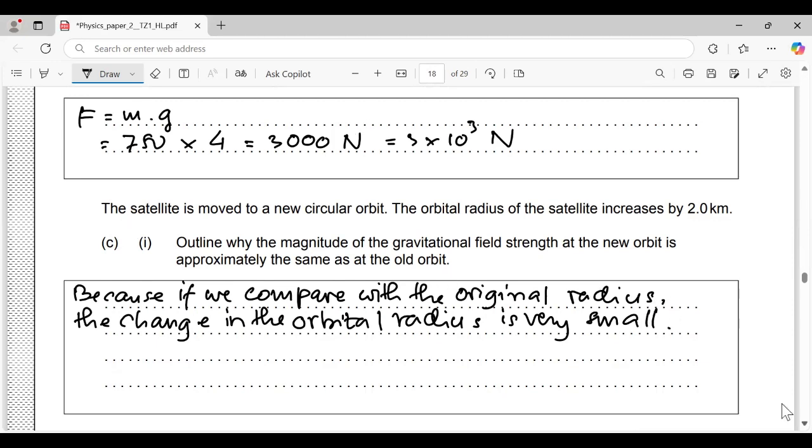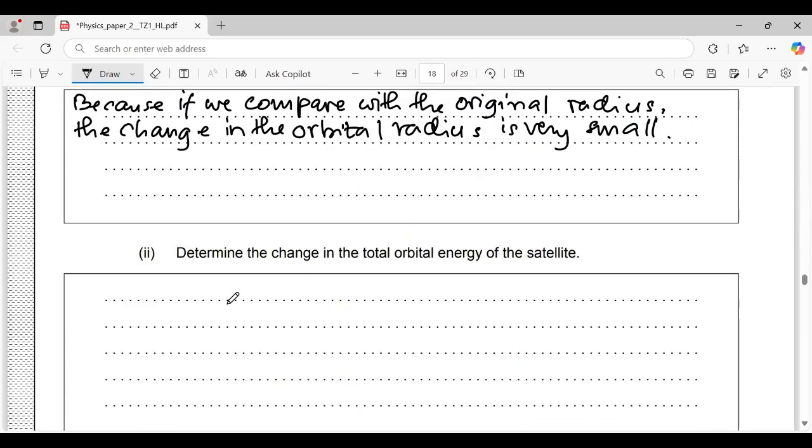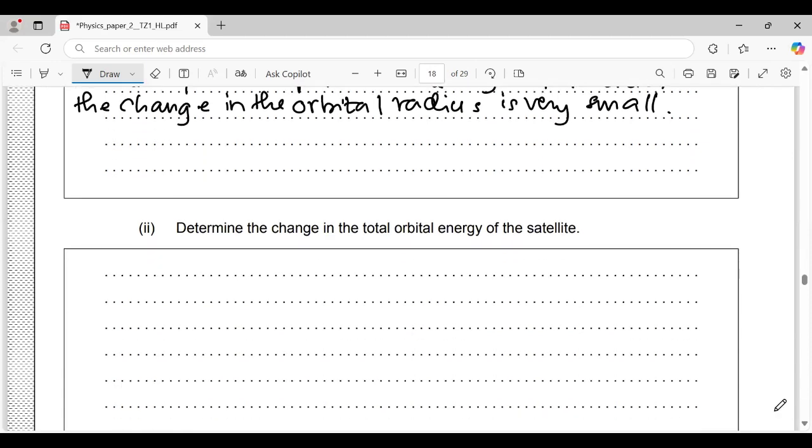See part 2. Determine the change in the total orbital energy of the satellite. Right. So I'm going to use this formula: the change in potential energy equals m times g times the change in radius.